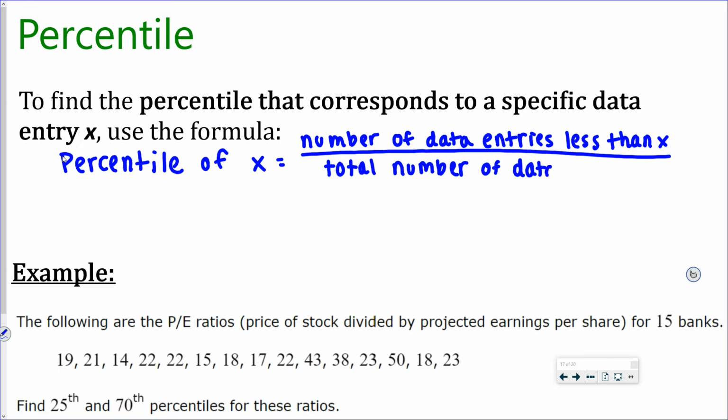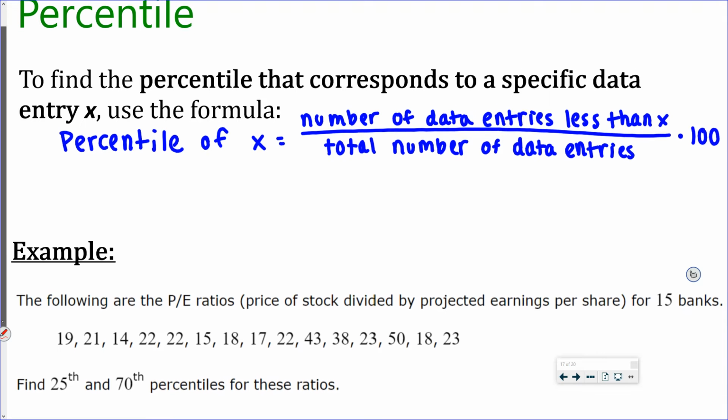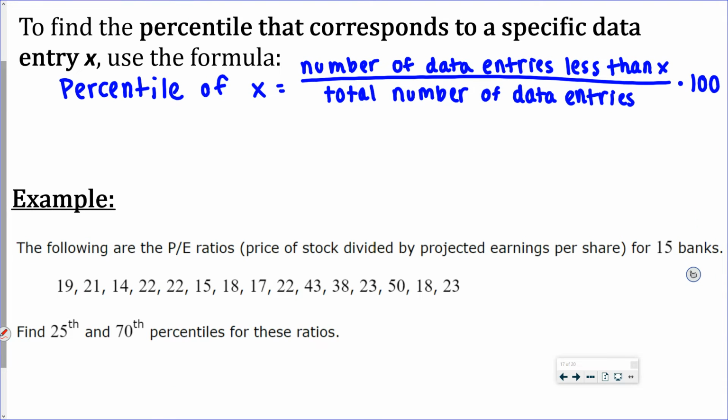So basically finding a percent and then times it by 100. Okay, so that's if you're asked to find the percentile of some data value in your set. I didn't put an example like that because, like I said, it's pretty much just calculating the percent. I did think I put one problem in your homework, so if you need to reference that formula, Alex also has all these formulas on there.